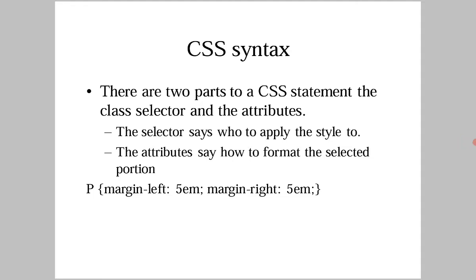The selector says who to apply it to; generally the selector indicates which component we are going to apply formatting to. And the attribute says how to format, meaning the value of the selector. Here p is an HTML paragraph tag, the bracket opens, and within the brackets margin-left is the property, colon, space, 5 em is the value.